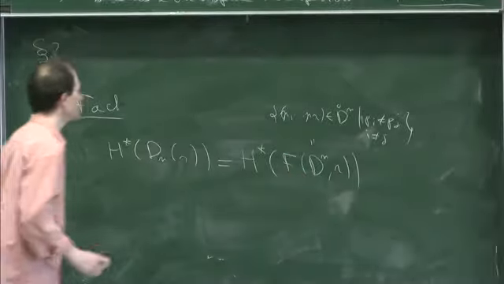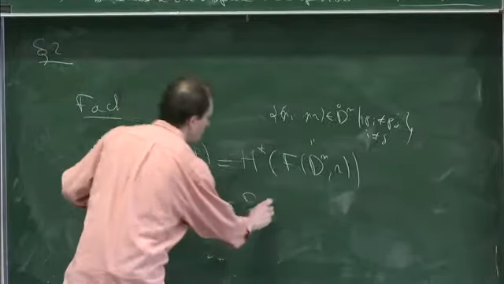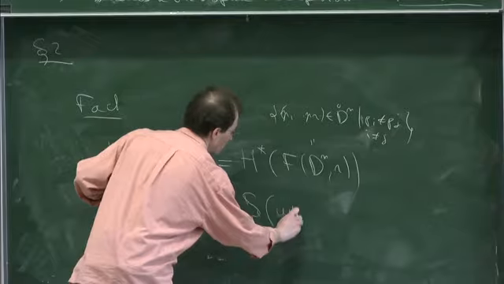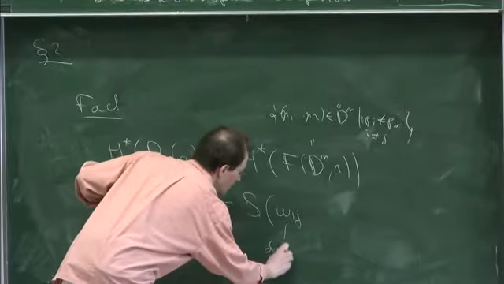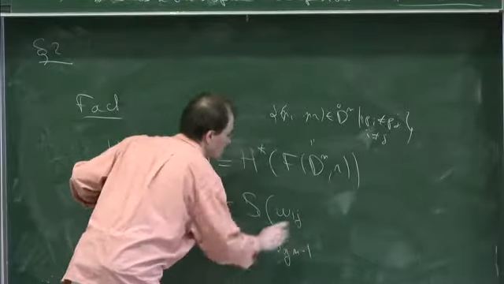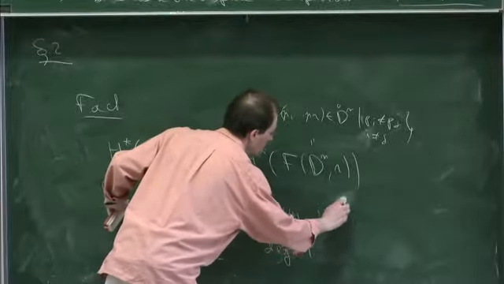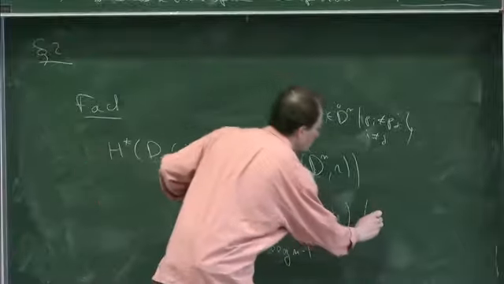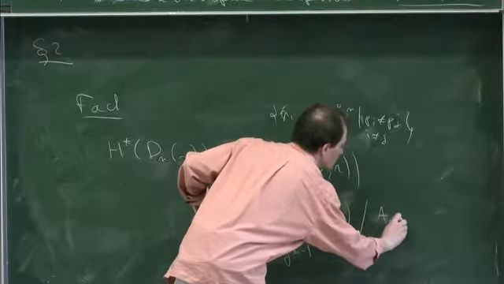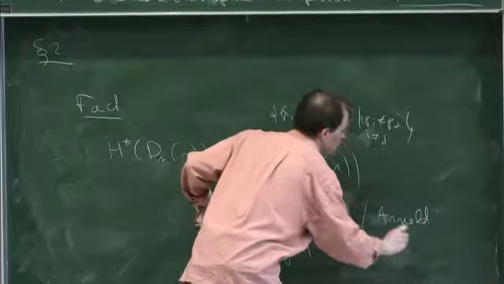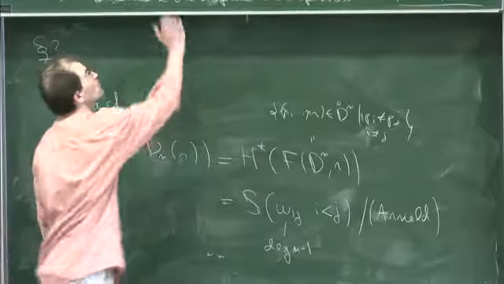The cohomology of this space is well known. It's a free graded commutative algebra with generators ω_ij of degree n-1, one associated to each pair ij, quotiented by the ideal generated by the Arnold relation.